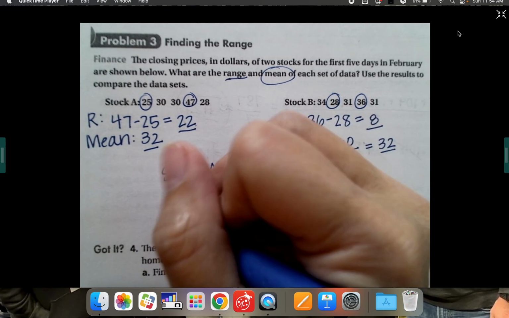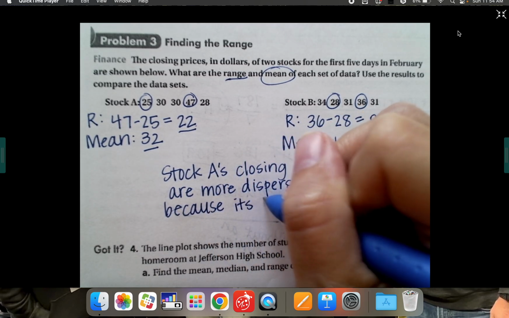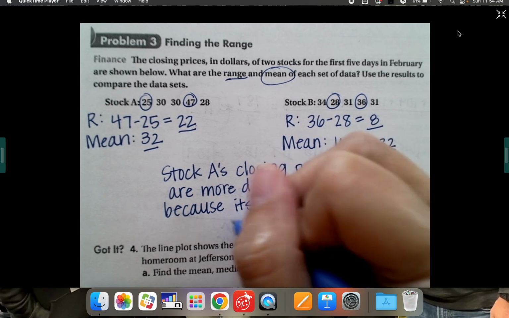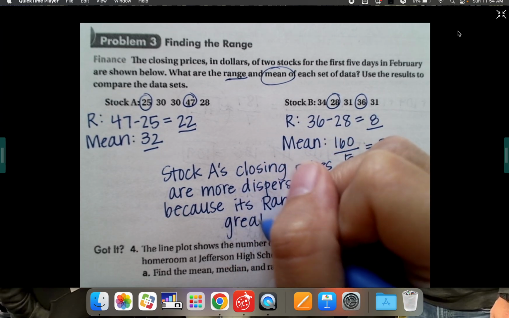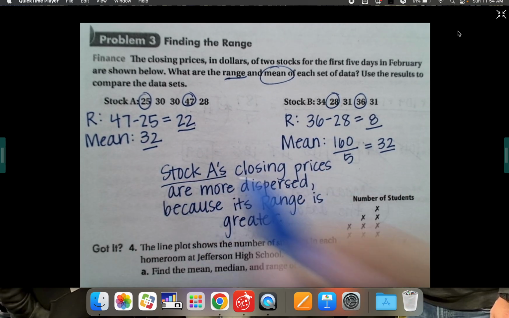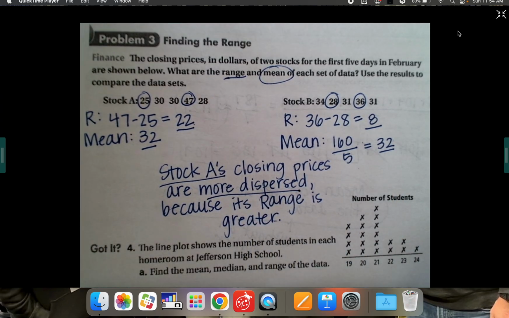And again, it's because its range is greater. Okay, if there's a greater range, that means the data is more dispersed. So stock A's closing prices are more dispersed, even though the mean is the same, the range is widely different.